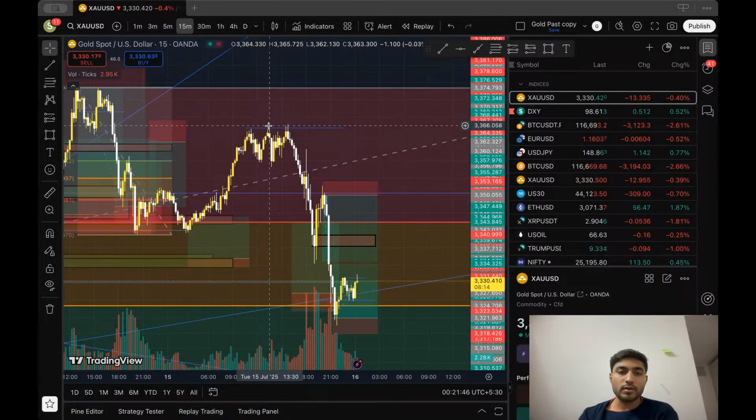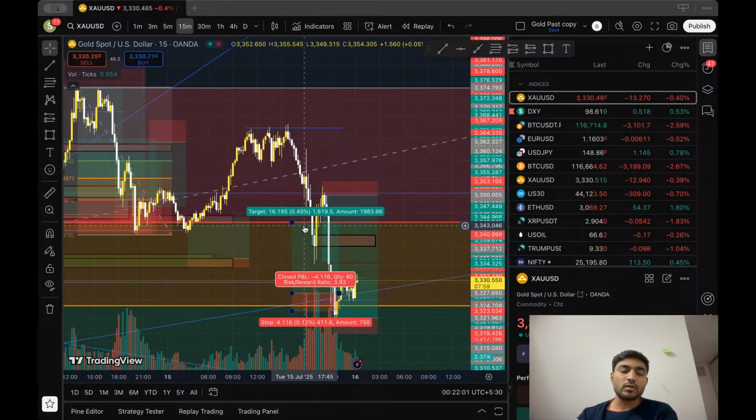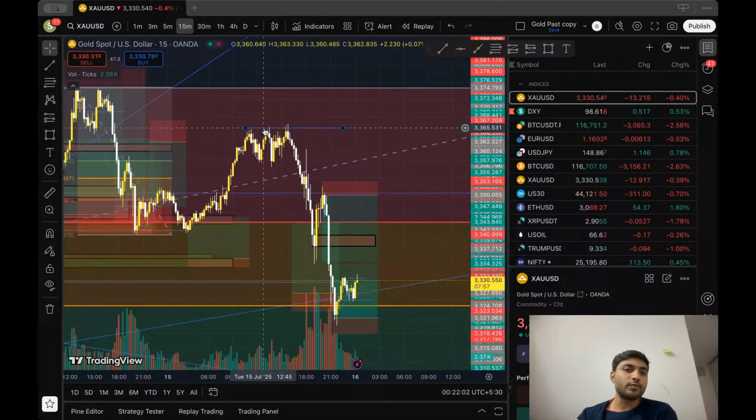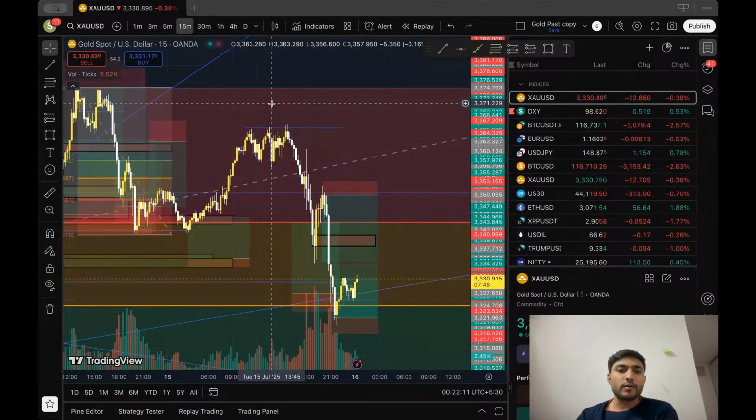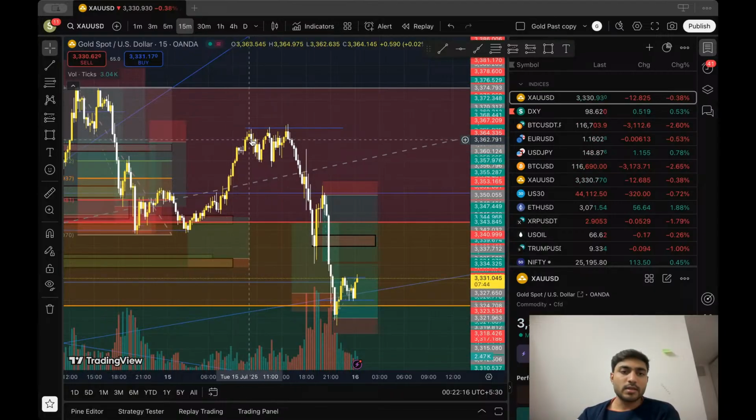So what happened is it went to that level from where it could sell, because if the news is positive for gold, then it could have broken this a little bit, then it would have sold only. But if it would have broken that, that would be an indication for next time for it to go smoothly. Or it could do this, whatever this is, this consolidation.